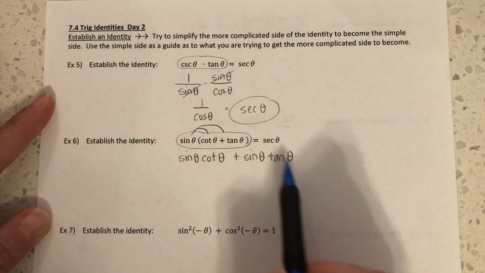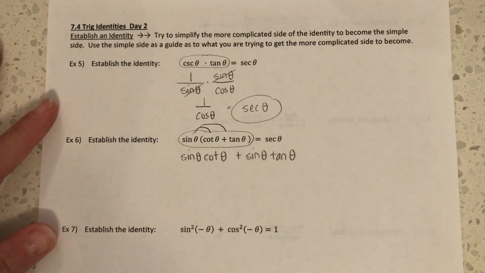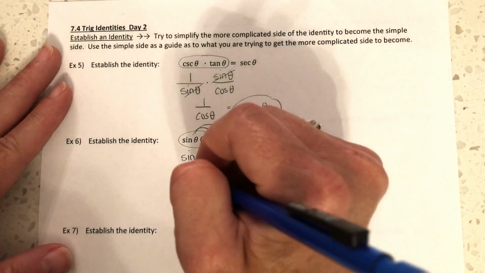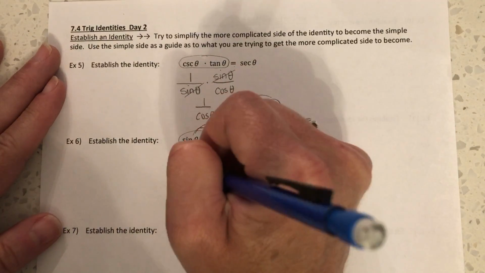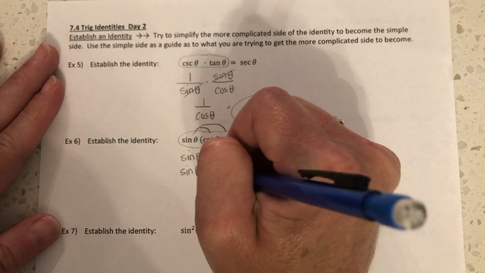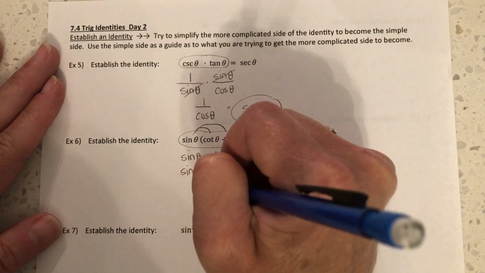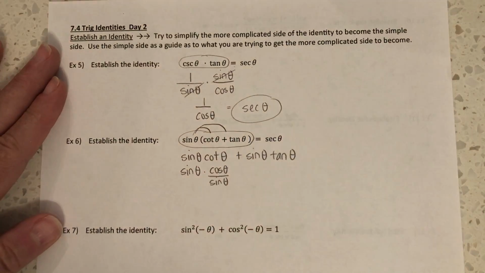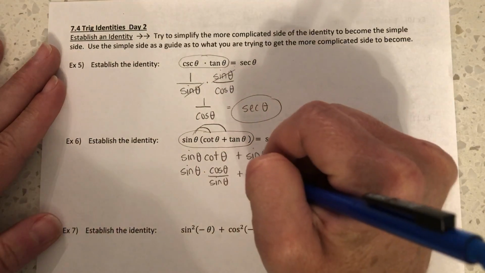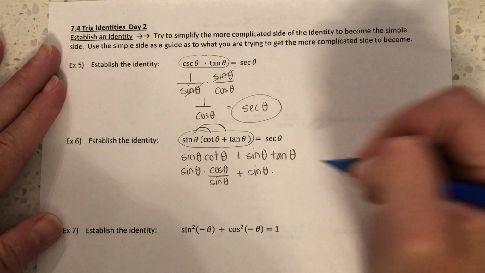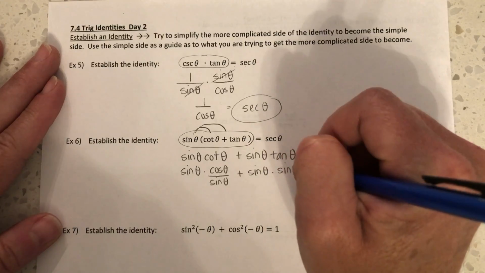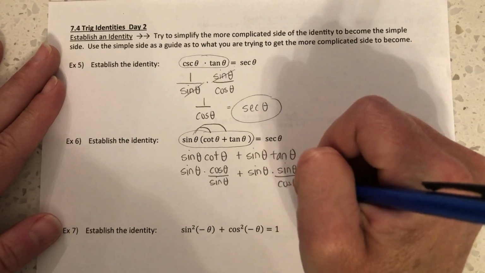And again, we're trying to get this to become just secant theta. So now I'm going to bring in my sines and cosines. So this is the sine of theta times cosine theta over sine theta, which is what the cotangent of theta is. Plus, we have sine theta times tangent theta, which is sine theta over cosine theta.